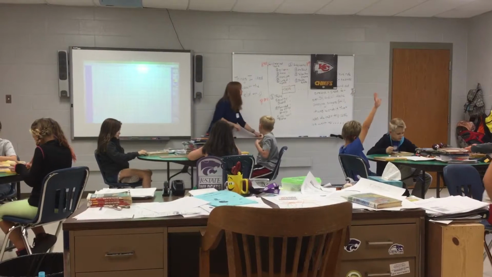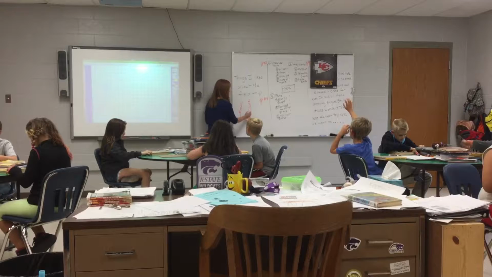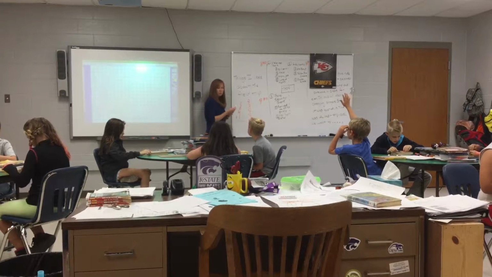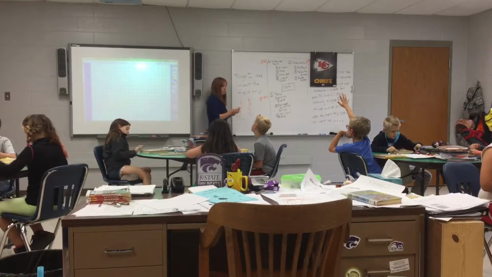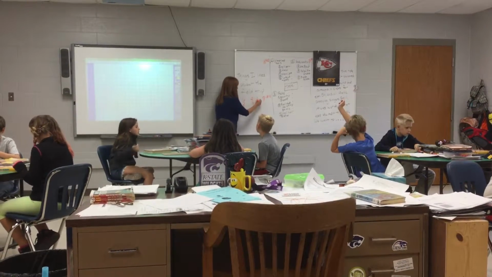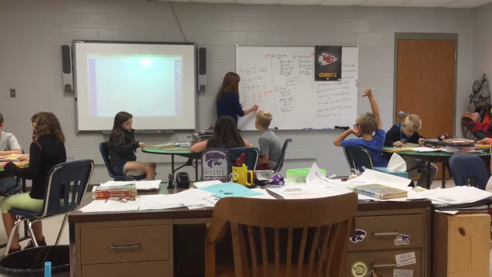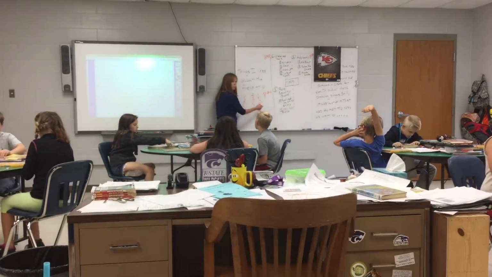Okay, so what did we come up with? We have 3, 3, 4, 4. Could we add all those together? We can times them. So what would we do? 4 times 2, because there's 2 of them, which means 4 times 2 is 8.